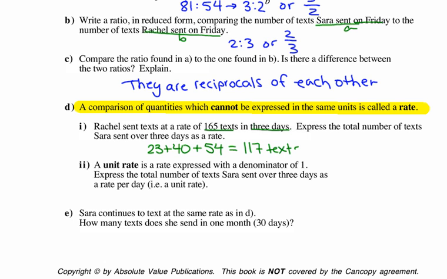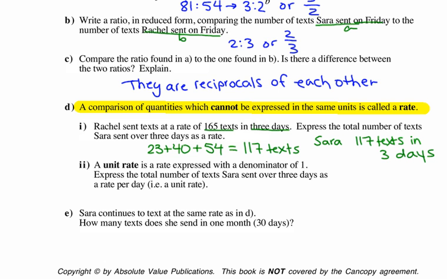As a rate, we could say that Sarah sent 117 texts in 3 days, or per 3 days.